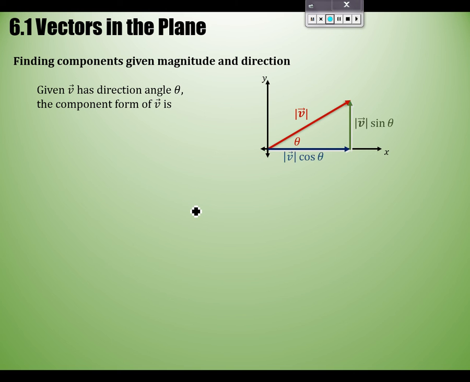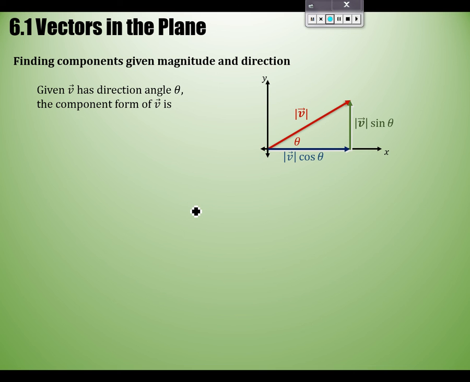Yeah, exactly. Did you catch what Ted just said? Say it again. The magnitude times either sine or cosine theta will be equal to the components that you want. Okay, well that's what I said. But say what you said first.